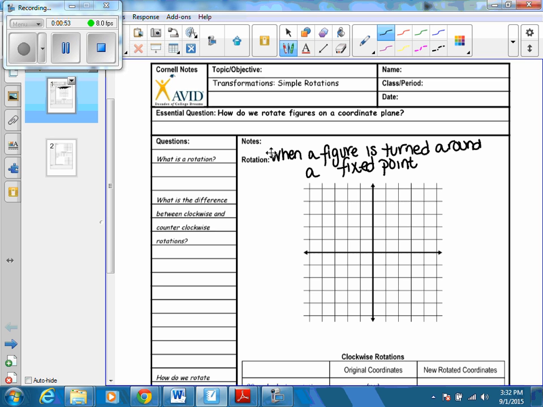When we do rotations, we have to understand the difference between a clockwise and a counterclockwise rotation. If something is going clockwise, it's going this way.